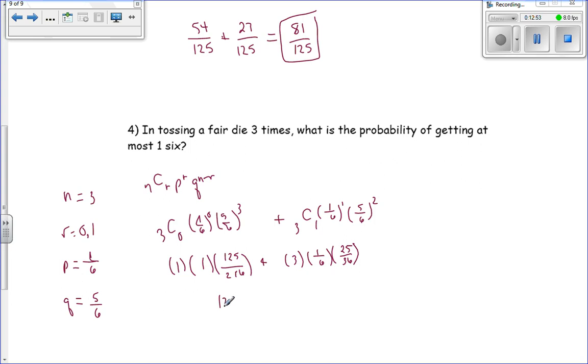So we will get 125 over 216 plus 75 over 216 equals 200 over 216. Okay? Same exact thing as the night before, except for the fact that now you're doing more than one term in each column and you're just adding them together.